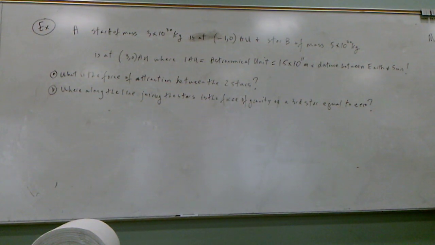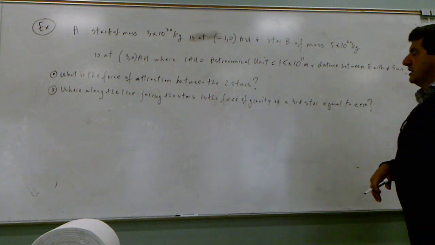So where along the line joining the stars is the force of gravity on the third star equal to 0.